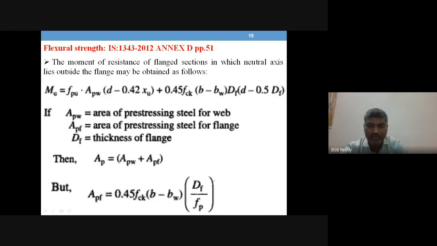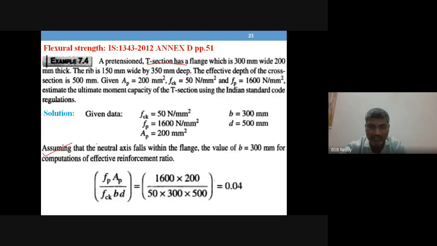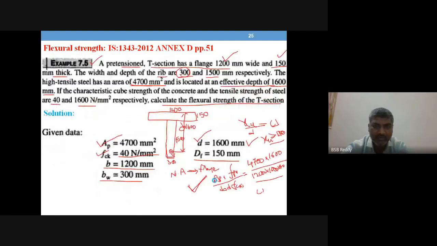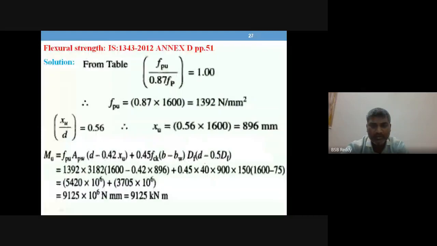So let us see what the textbook has taken. Okay, so 1 is taken from the table, so FPU is 0.87 FY, 1392 is the FPU value. XU by D he has taken 0.56.